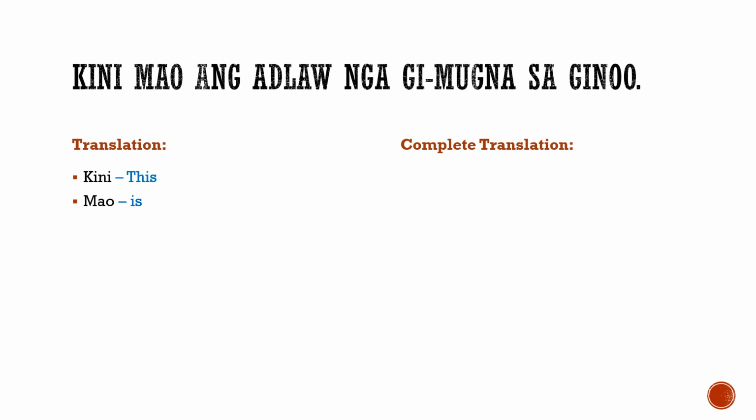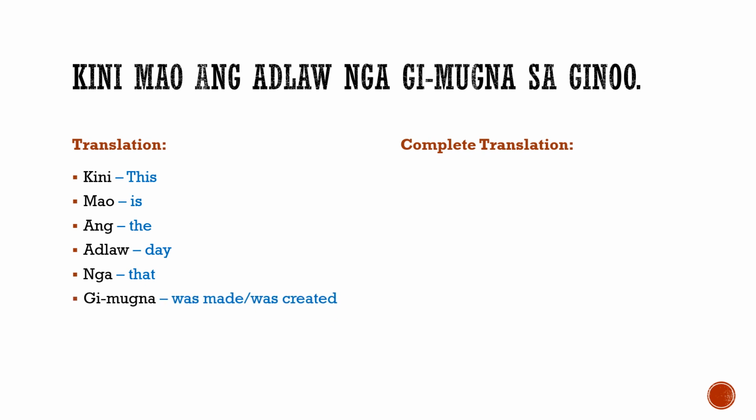Mao, so the mao here is used as a helping verb. So is. Ang points to the object, which is the noun. So we translate that to the. Adlaw, day. Nga, in this case we use nga to complete the context. So we have that. Gimugna.